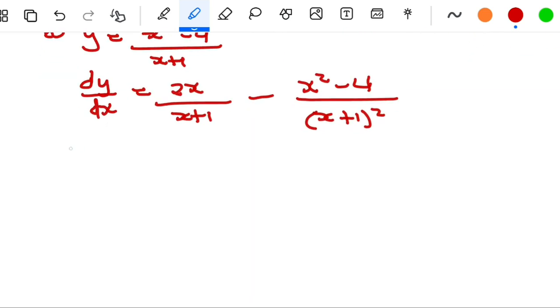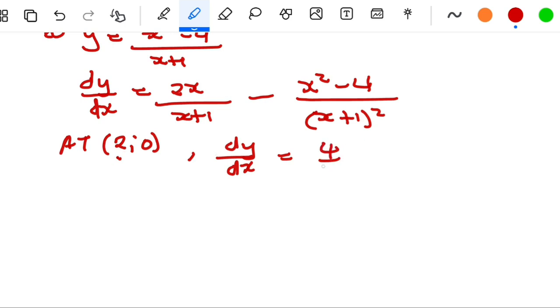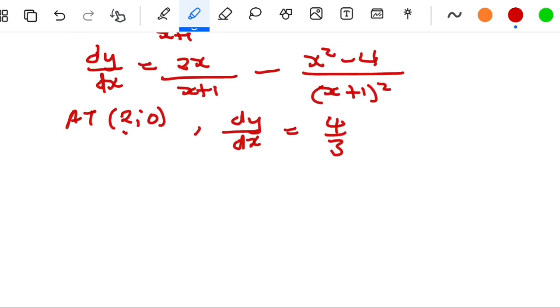So at this point now, at our point 2, 0, we've got dy over dx being equal to, substituting our 2 for x, 4 over 3. This is the gradient of the tangent at that point, which I am going to call mt, which is 4 over 3.